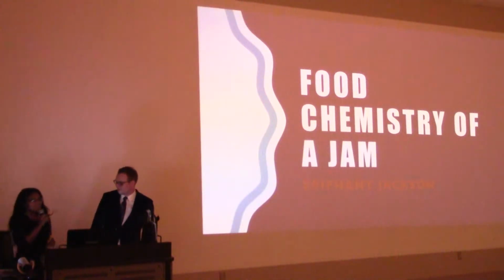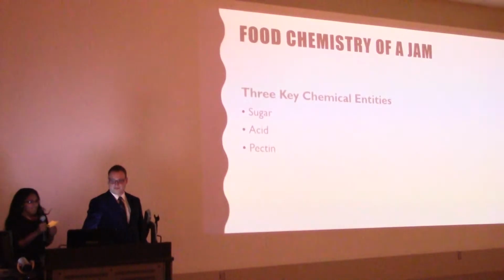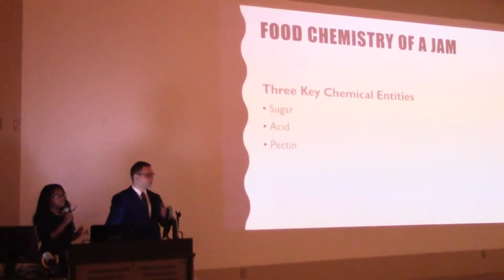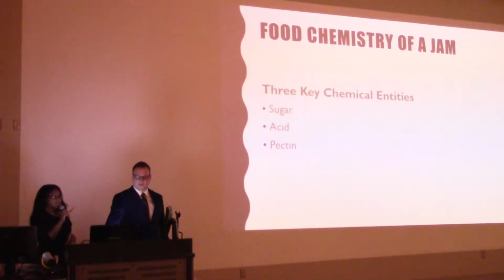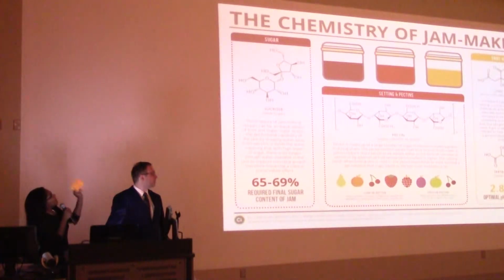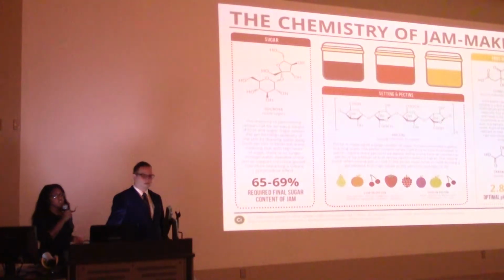Okay, everyone, I will be talking about the food chemistry. First, the food chemistry of jam has 3 key chemical entities, and that would be sugar, acid, and pectin. It's just an overview of the different components, which is the sugar, the acid, and the pectin.